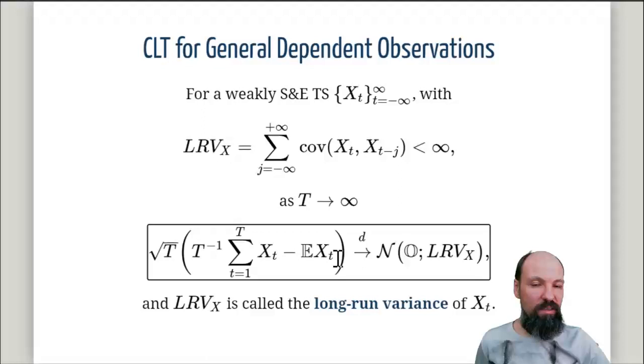This is what the classic theorem says, and it converges in distribution, of course, to a normal distribution with zero mean and some variance here.